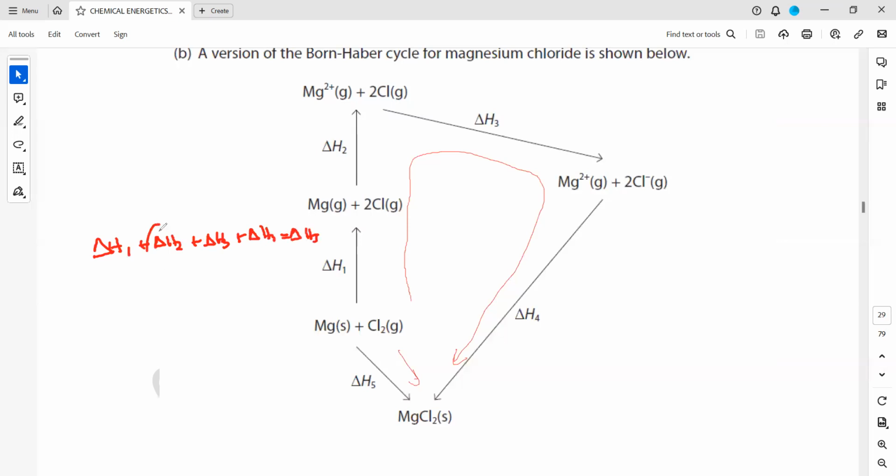So if we need delta H2, all the rest will go to the other side. Delta H2 is equal to delta H5 minus delta H1 plus delta H3 plus delta H4. So we add them and subtract from delta H5. That will be the equation to get delta H2.